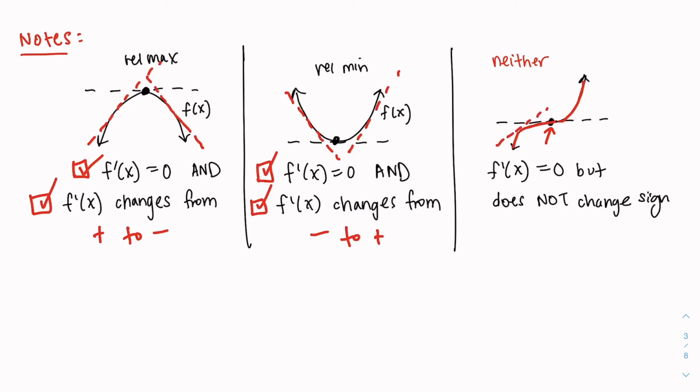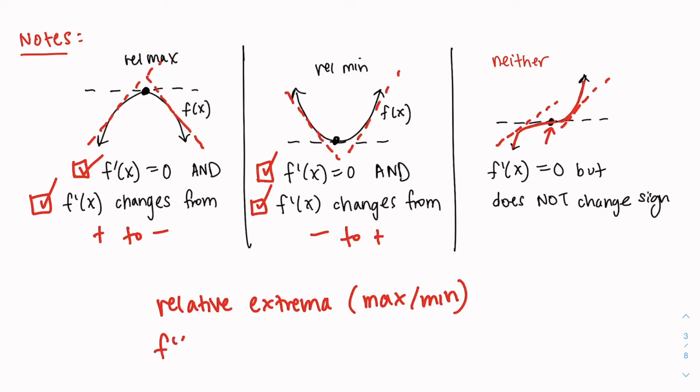The slope is positive and it levels out, then it remains positive after that. So at the very least, in order to have a relative extrema, meaning a max or a min, you need to have 2 things. You need a horizontal tangent, and f prime of x, the derivative, should switch signs.